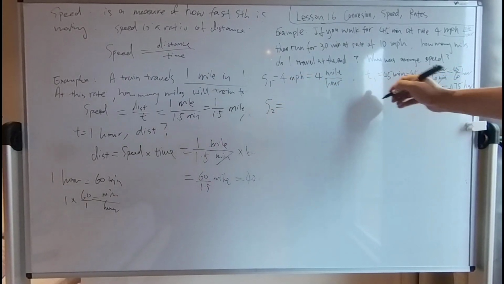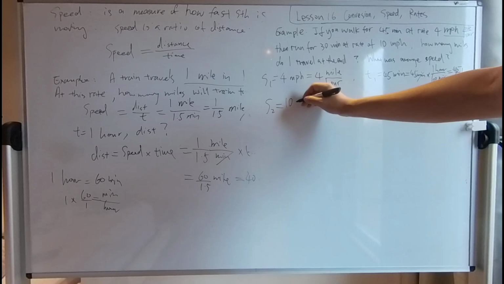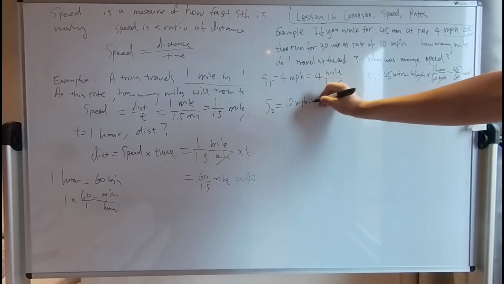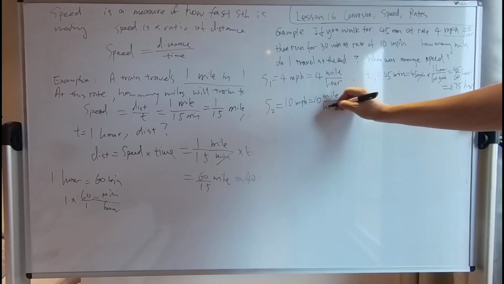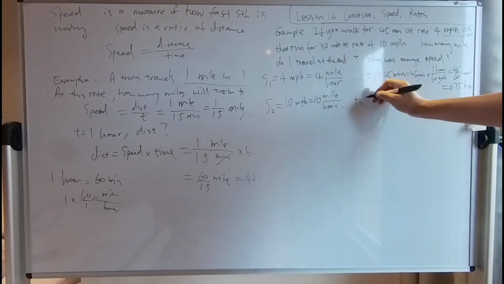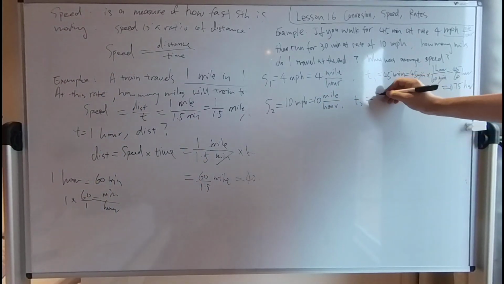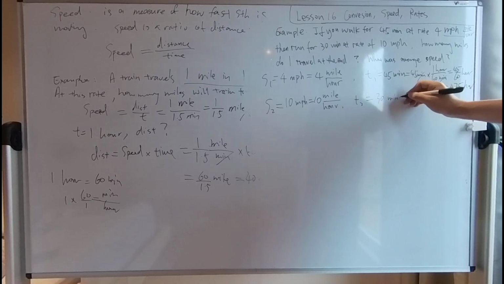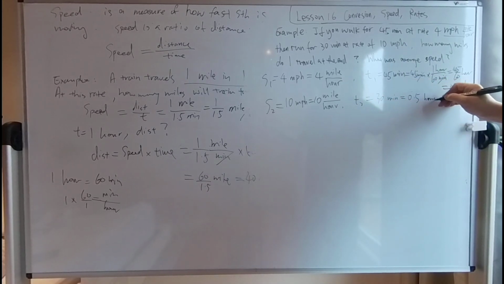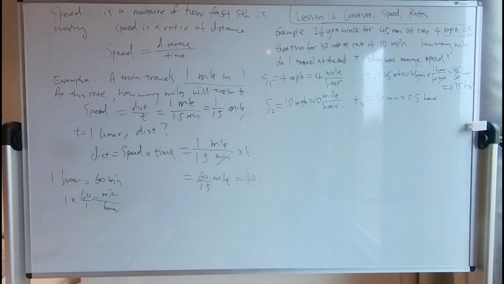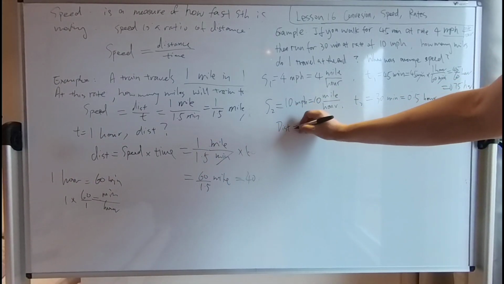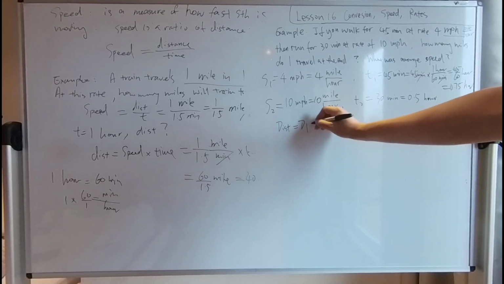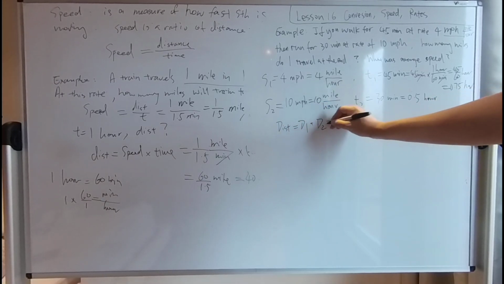My second segment has a speed of 10 miles per hour, and the time 2 is 30 minutes. 30 minutes is just half an hour, so it's 0.5 hour. Now I can take the total distance as my first distance plus the second distance.